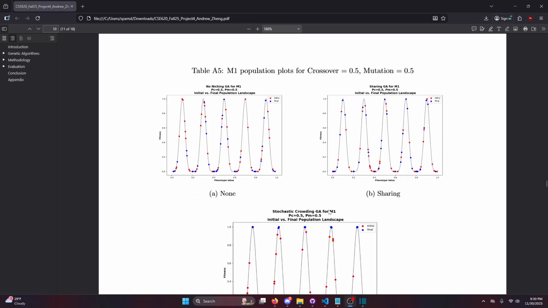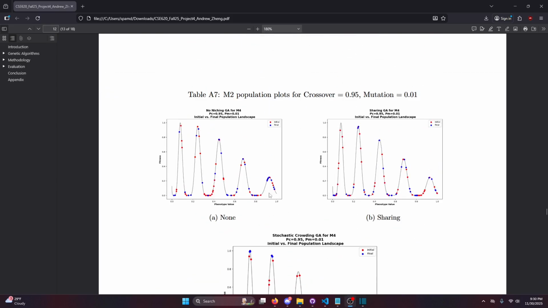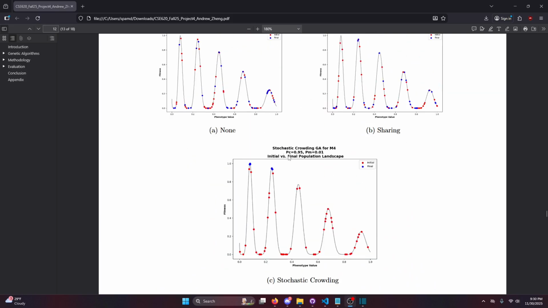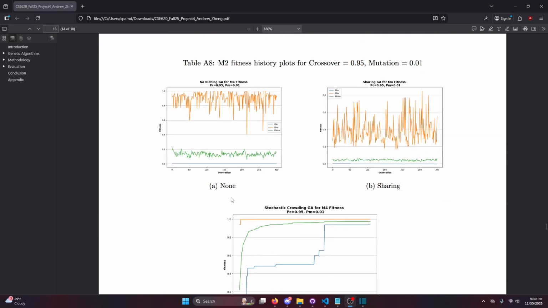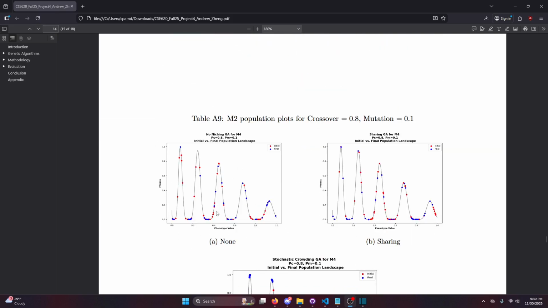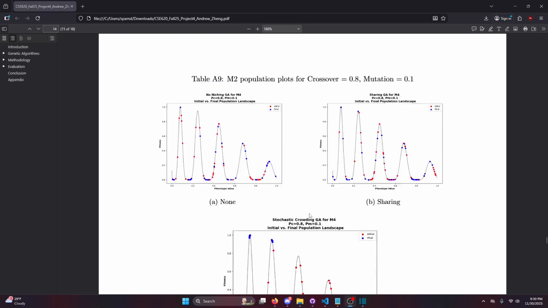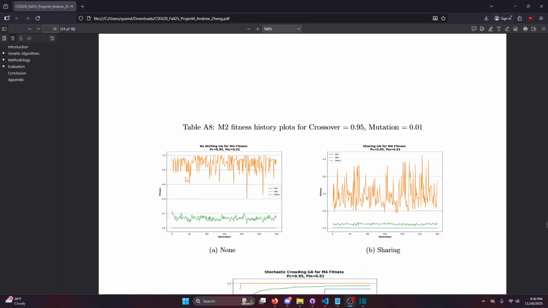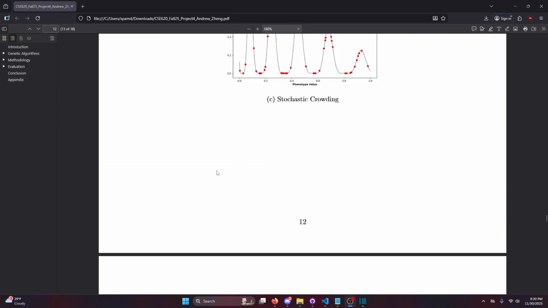There are places where we can see sharing found all the peaks here, but then the regular one didn't. But shockingly not performing terribly. Even on this, it doesn't gravitate towards the first peak like I would have expected it to. And it's good at finding some of the smaller ones. Sharing is still a little better, but that's surprising. It could be a setup issue, not sure.